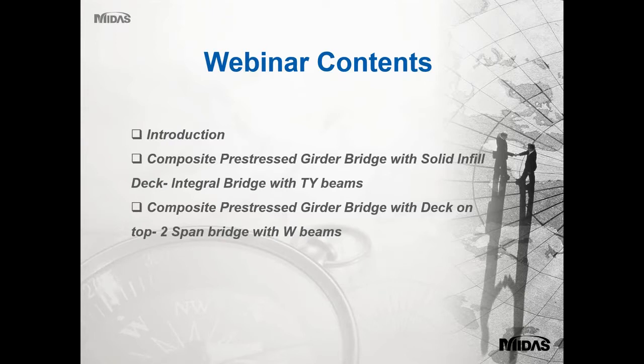And the second example is a traditional composite pre-stressed girder bridge with deck on top. We'll be using the W beams. W beams have recently come up. One of the manufacturers, Banagher Concrete, has played a good role in this type of beam.